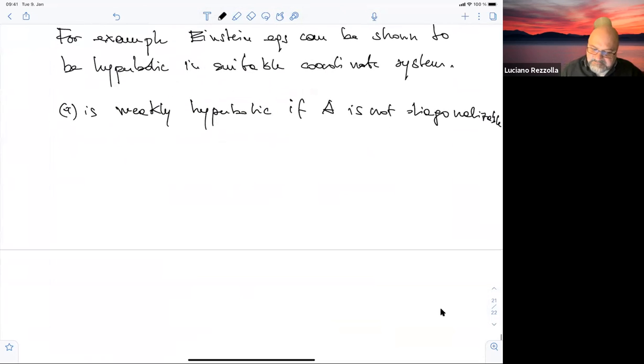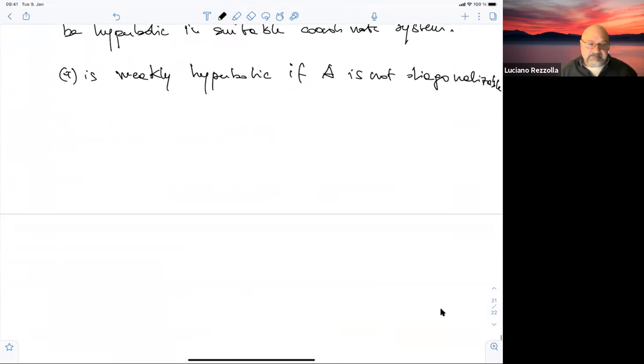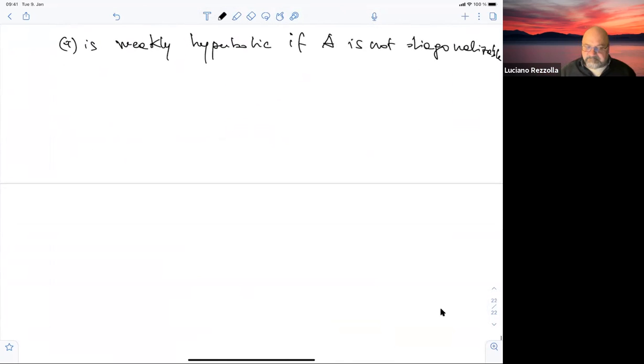Now, why am I telling you all of this story? Well, because there is an important theorem that says the following: a hyperbolic system is well posed.